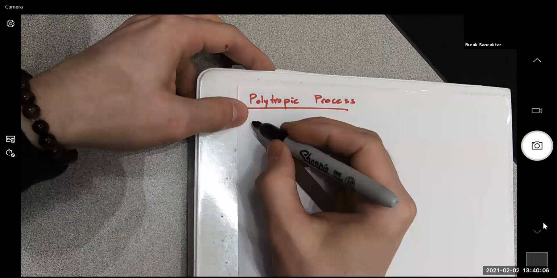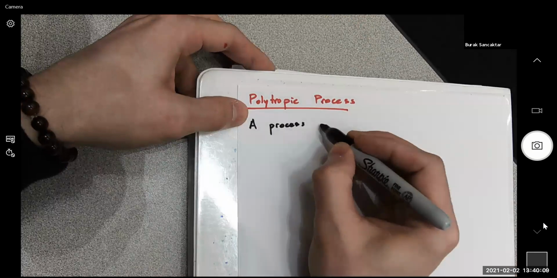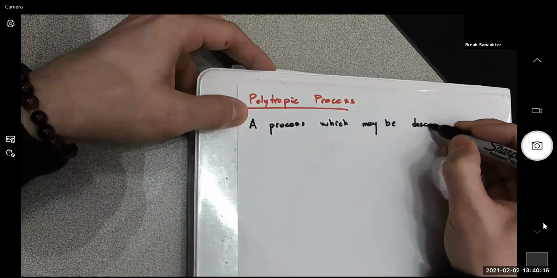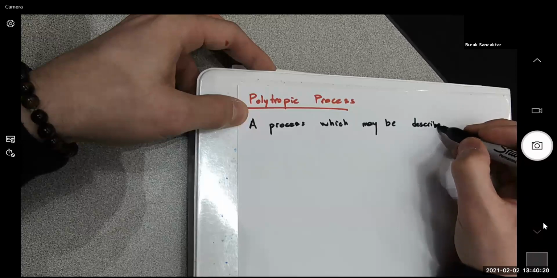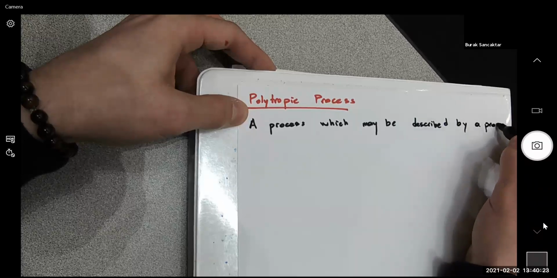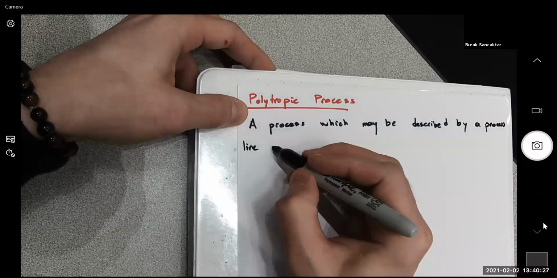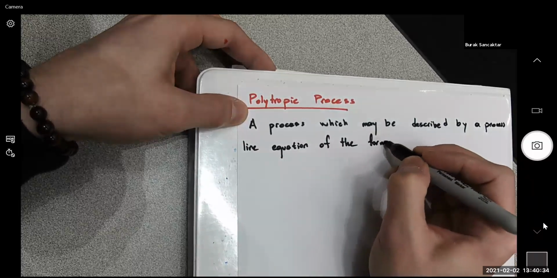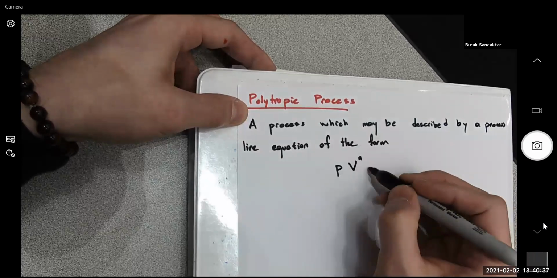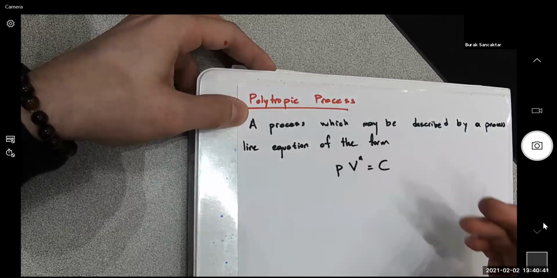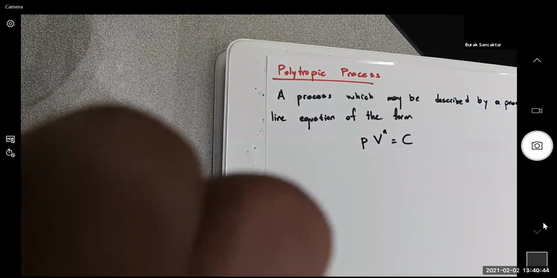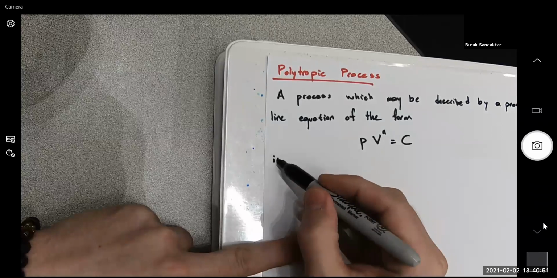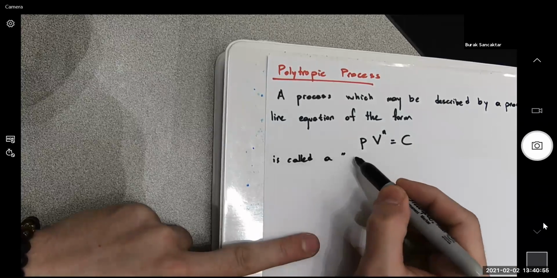A polytropic process is a process which may be described by a process line equation of the form P V to the power of n equals constant. It is called a polytropic process.